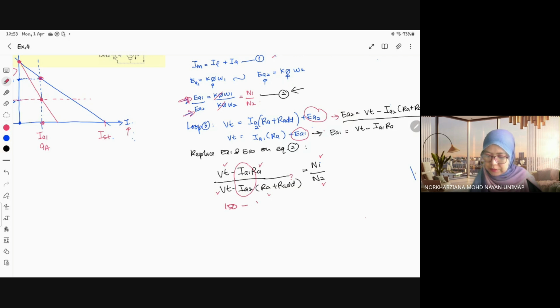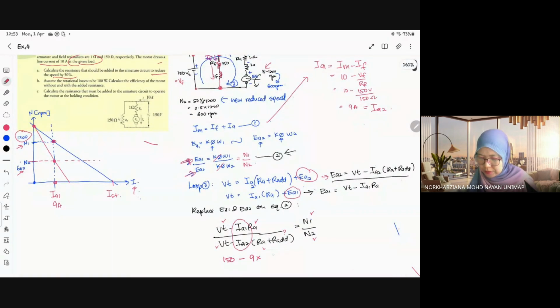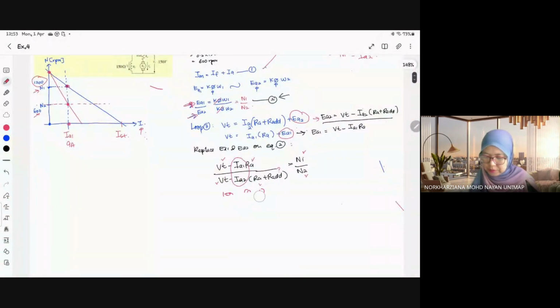-150 volt minus 9 times RA1, 9 times 1 over 150 volt minus 9 times 1 over 150 volt minus 9, 1 plus RX.